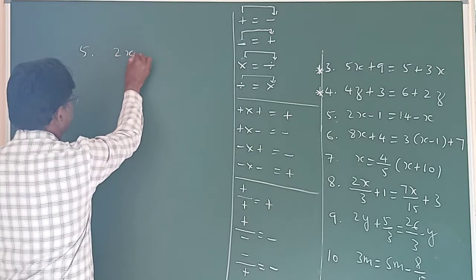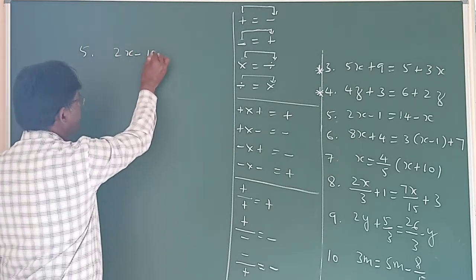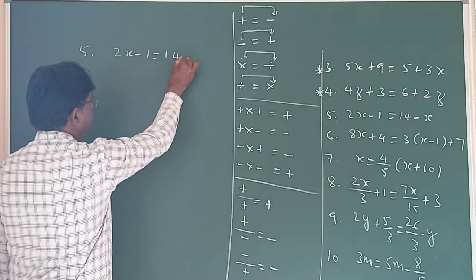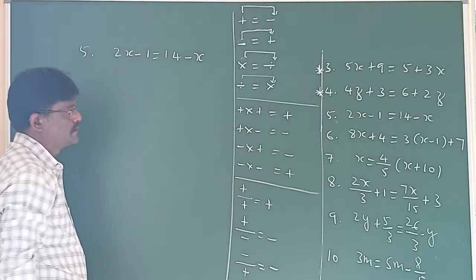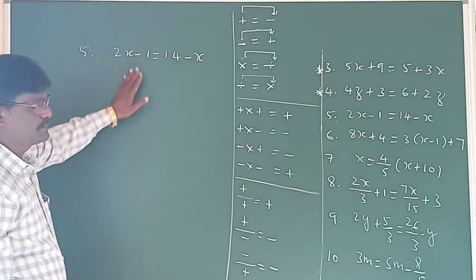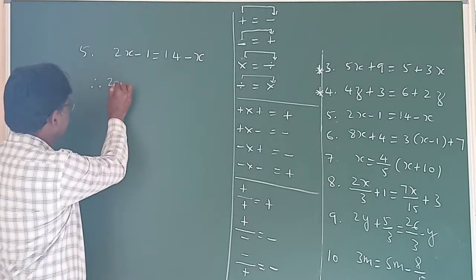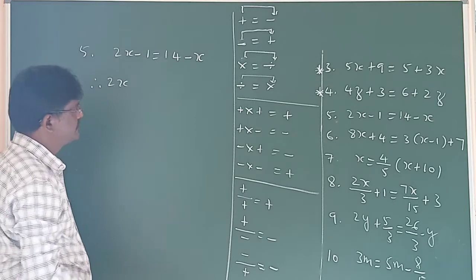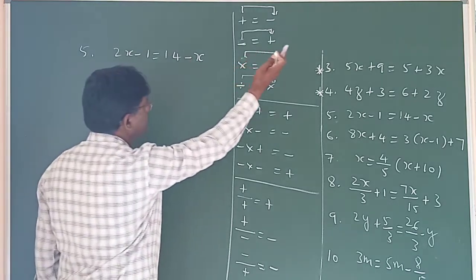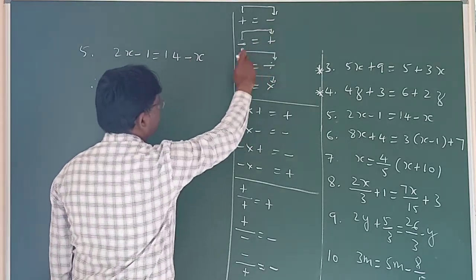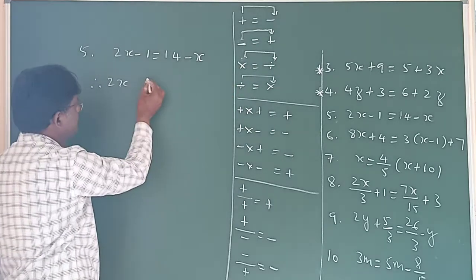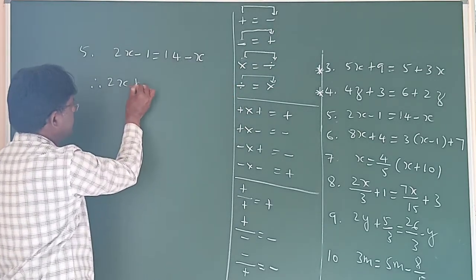2x minus 1 equal to 14 minus x. Therefore, bring the unknown to the left hand side. Minus becomes plus when we shift, therefore this minus becomes plus x.